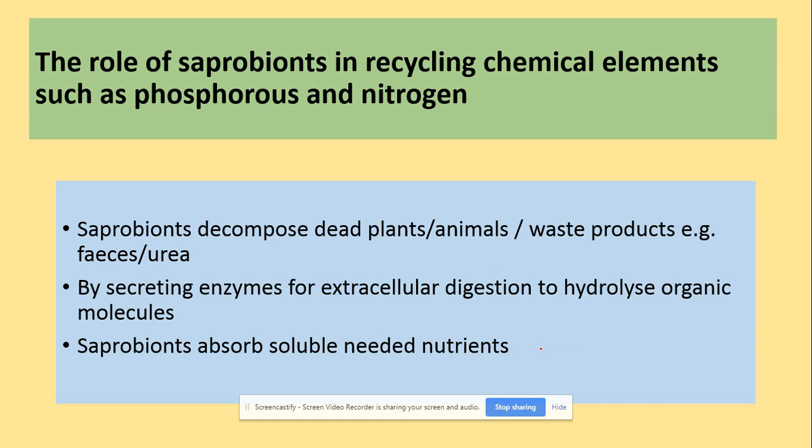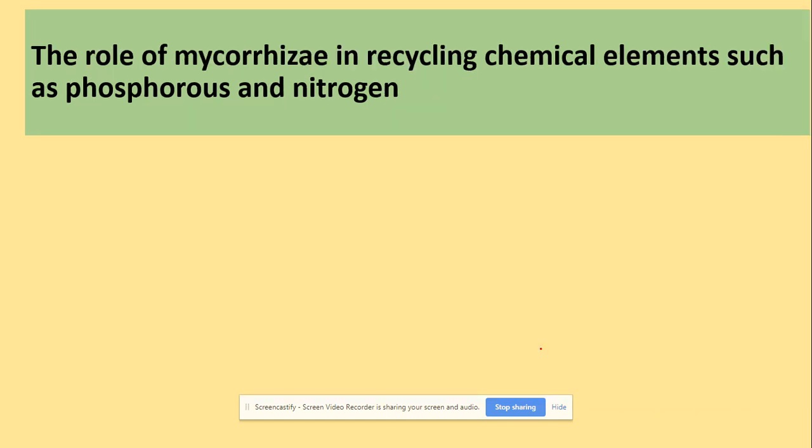So that's the role of saprobionts. And the role of mycorrhizae in recycling chemical elements such as phosphorus and nitrogen is another part of specification.